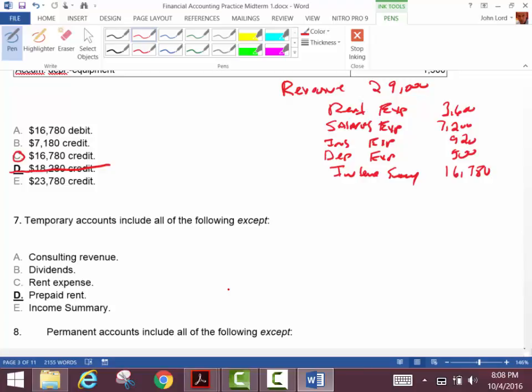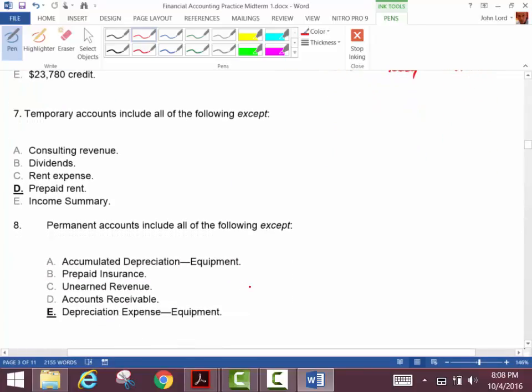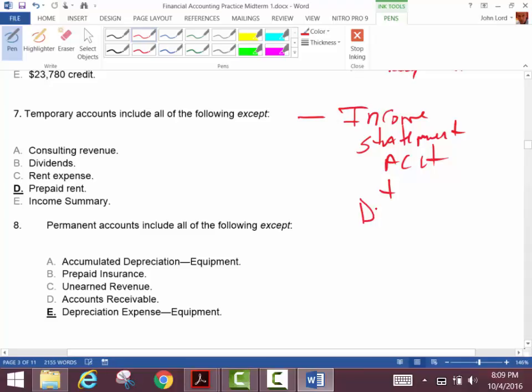Okay, so, temporary accounts. Temporary accounts are my income statement accounts. Income statement accounts are assets?